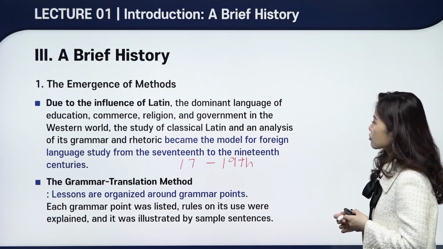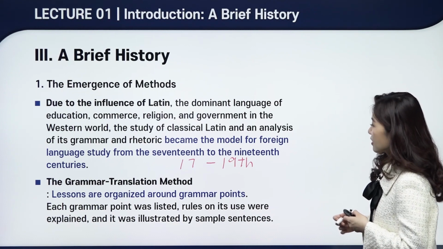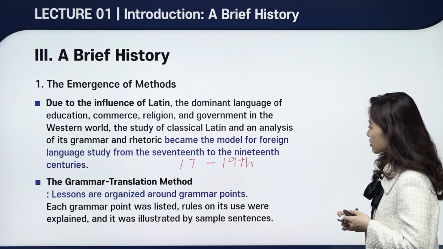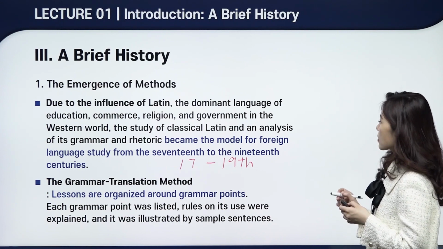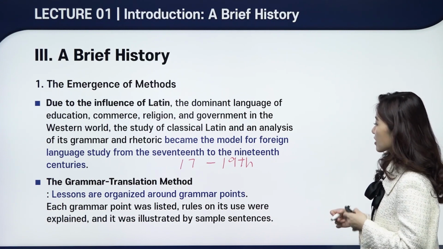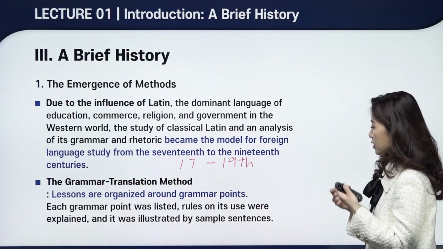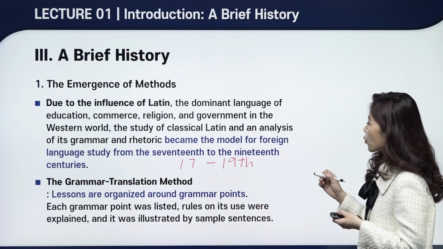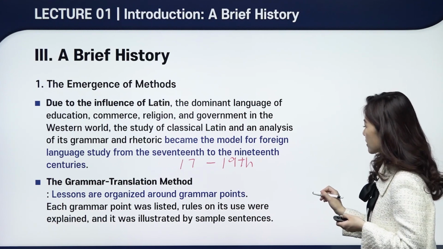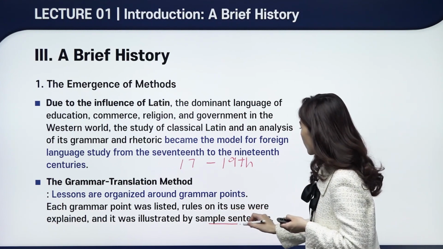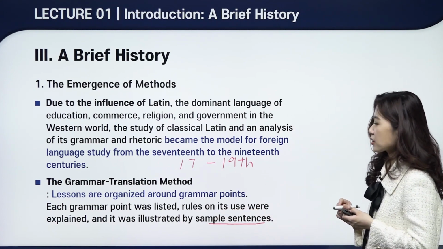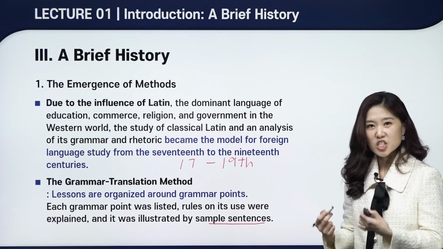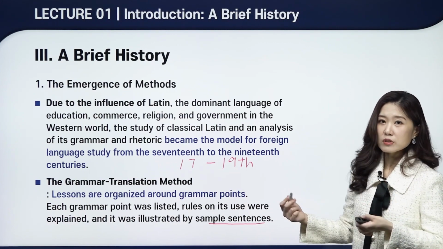All right, and then we see the grammar translation method. Lessons are organized around grammar points, and each grammar point is listed with the rules and the rules explained with some examples illustrated by sample sentences. So what happens with grammar translation method? This is the so-called traditional way of teaching a foreign language.